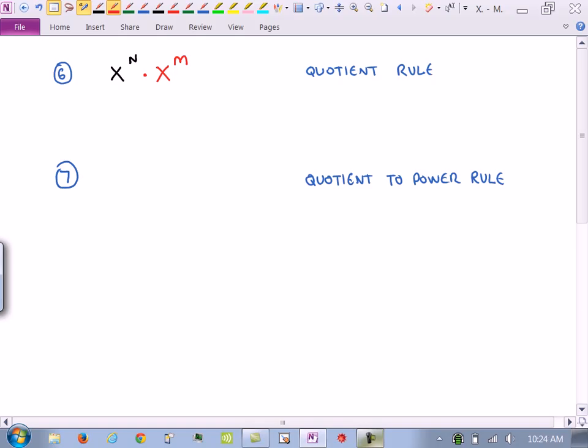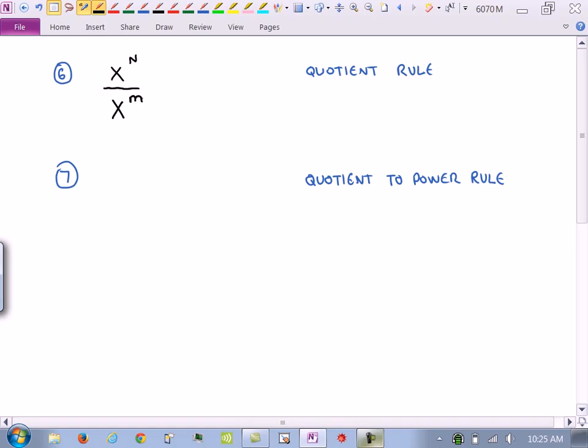You added them, right? That was from last class. That's what we did. We add if it's a product, isn't it? This rule is about a quotient instead. So instead of that x to the m being up top, this rule deals with what happens if x to the m is being divided, not multiplied.